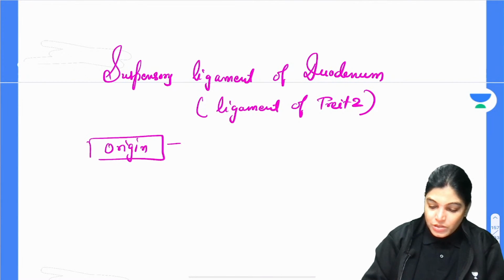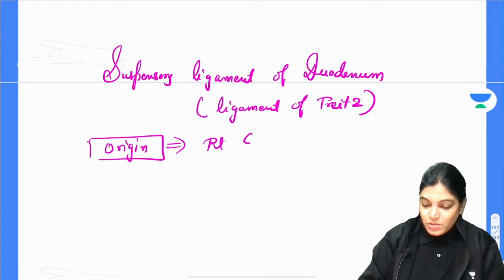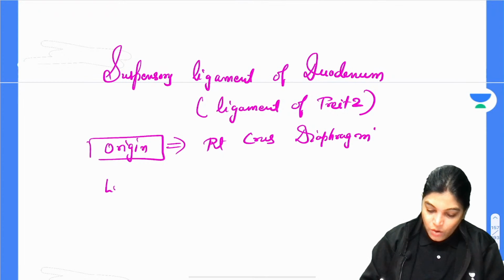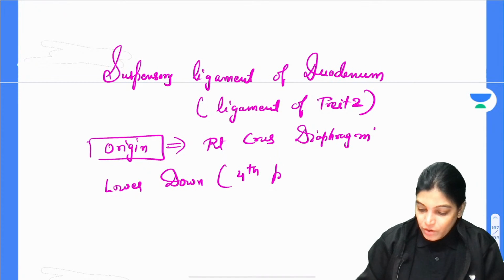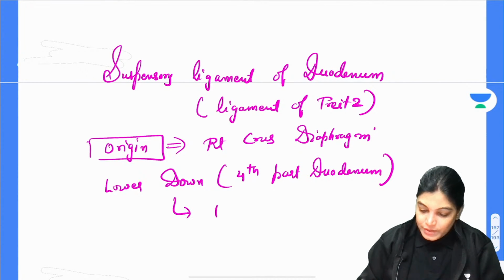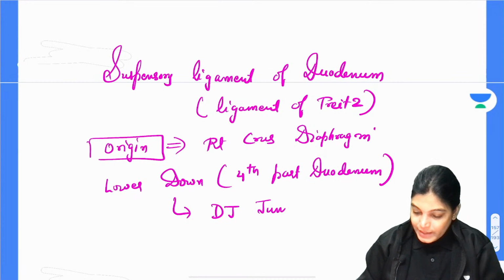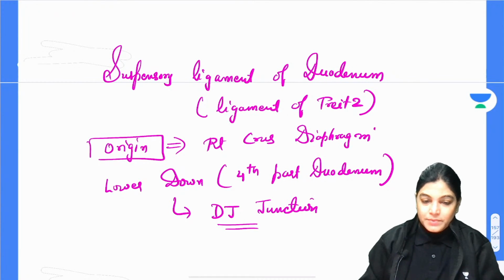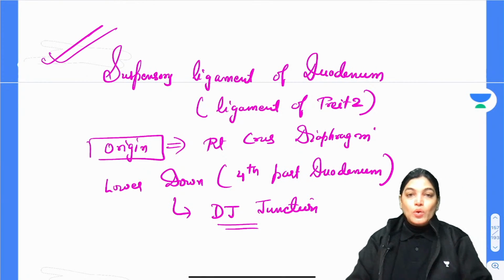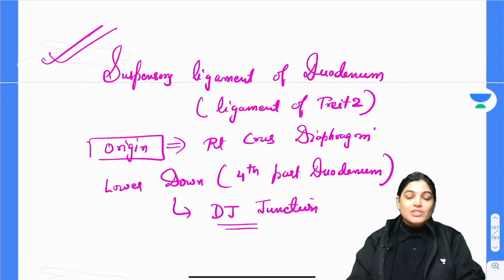The origin of this structure is from the right crus of the diaphragm, and lower down it is attached to the fourth part of the duodenum at the level of DJ junction, duodenum jejunum junction. Okay, the ligament is a very important guideline for the surgeons to locate the duodenum and jejunum junction.